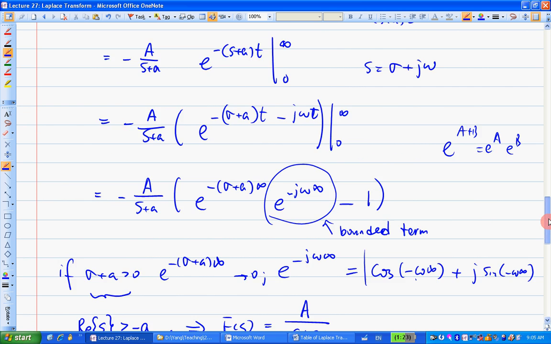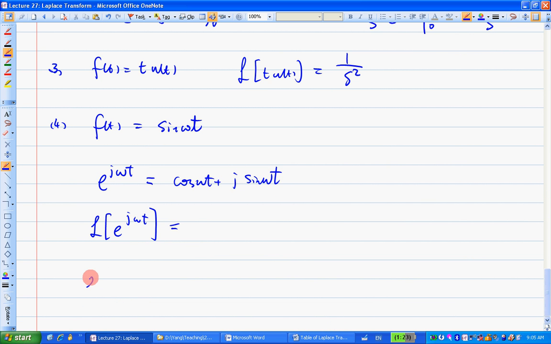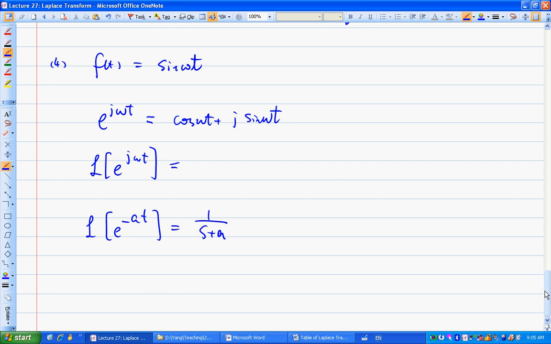What have we derived? We derived the Laplace transform of e to the power of negative at. So let me write it down here. The Laplace transform of e to the power negative at is 1 over s plus a. If I change this slightly to positive a, what will be the result here? Minus, right? It's minus.